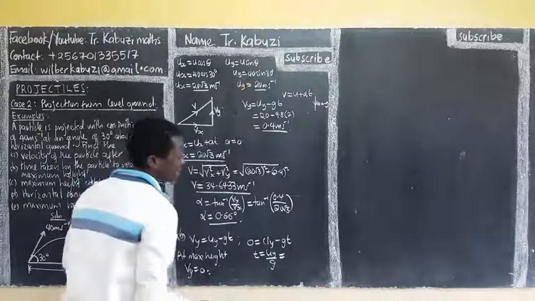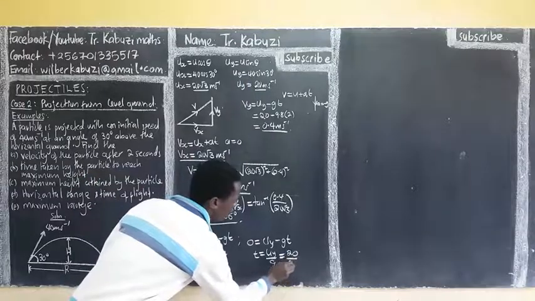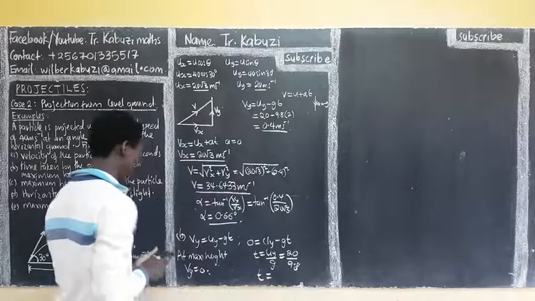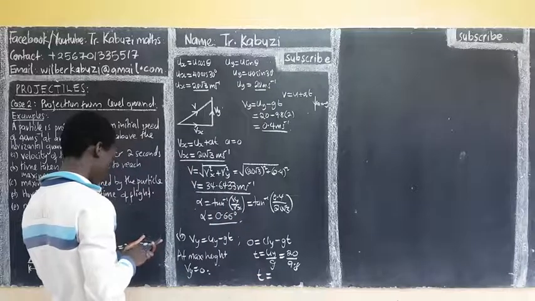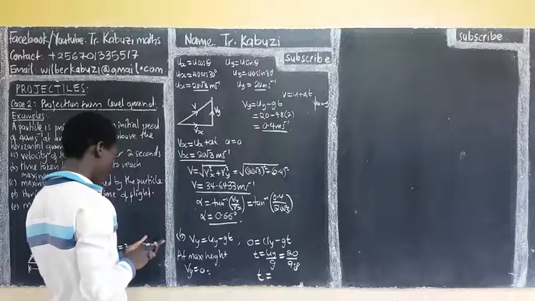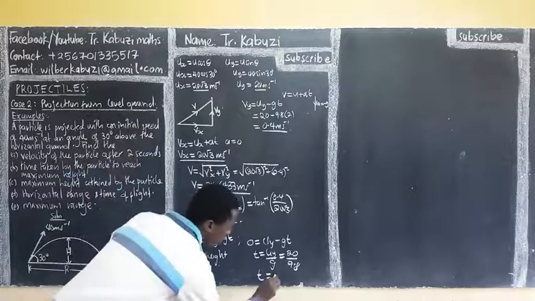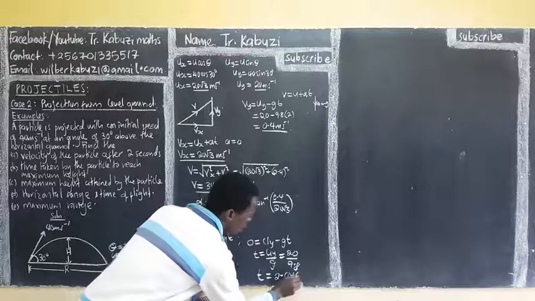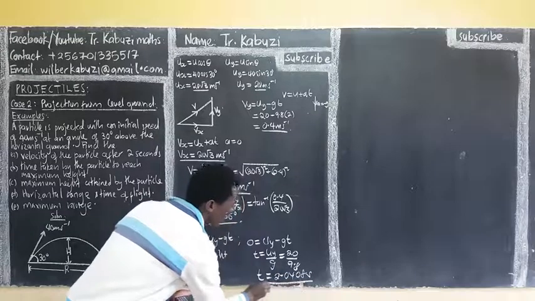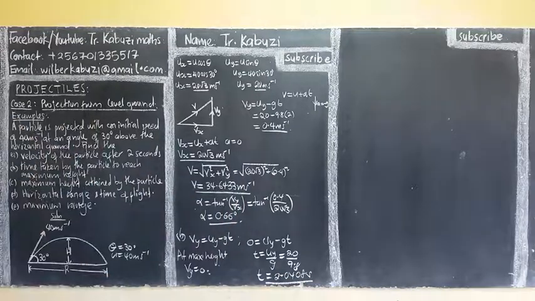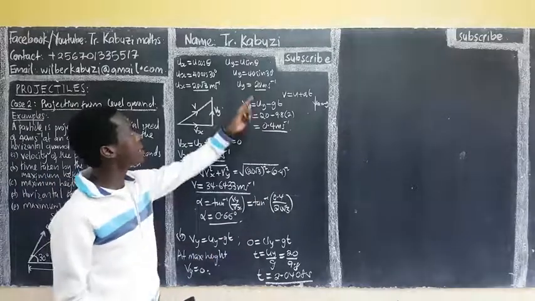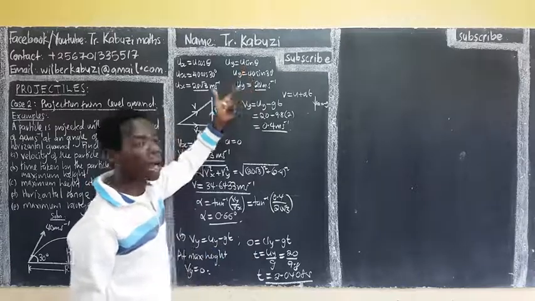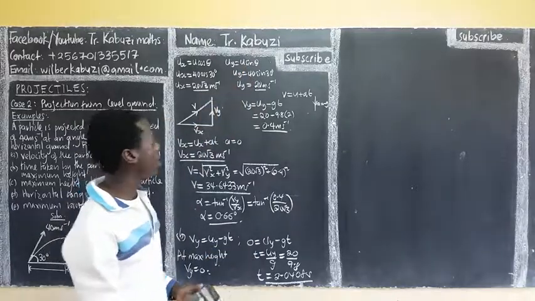This is 20 over 9.8. If you don't know the formula, feel free to revise them. So t is 2.0408 seconds. That's the time it takes to reach the maximum height. Or you can easily just state that the time for the maximum height is uy over g, then you put it there, as simple as that.